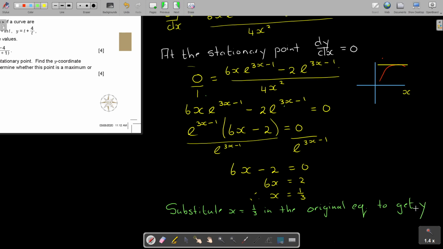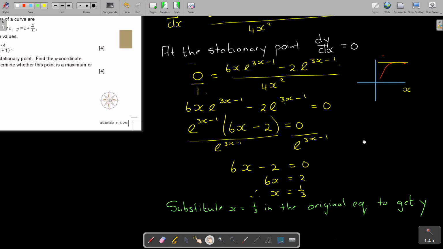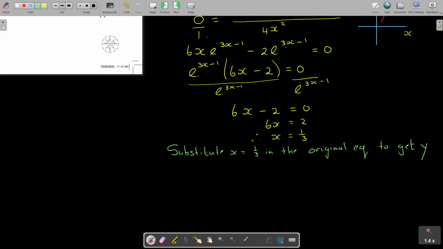Okay, it's not necessary that you write it. Now, what is my original equation? Can you remember? It was y is equal to e^(3x minus 1) over 2x, and in the place of x, I put a third.